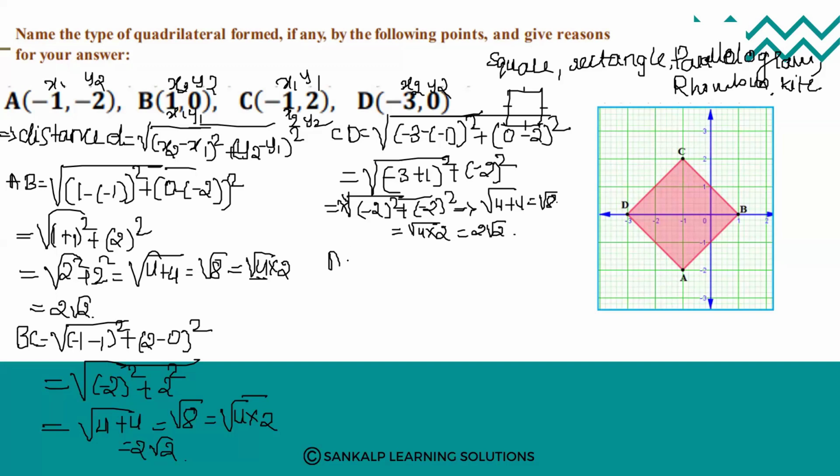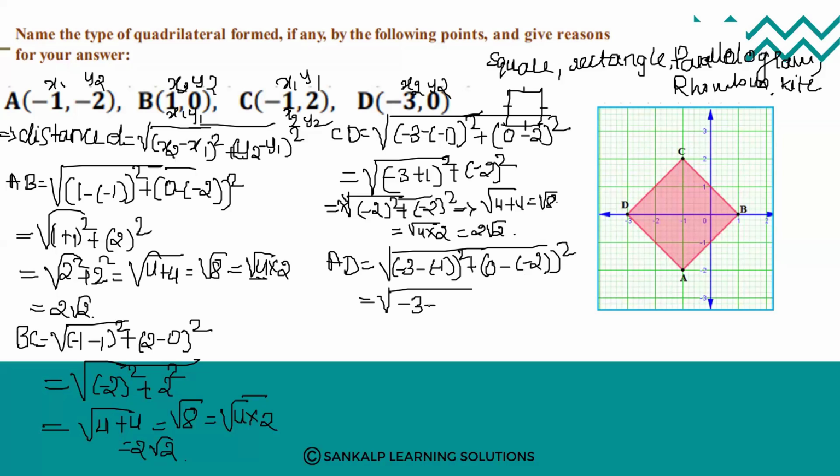Next, AD. To find AD, this is x2 y2, this is x1 y1. So the x2 value is minus 3, the x1 value is minus of minus 1 whole square, plus the y2 value is 0, minus of minus 2 whole square, right? The y1 value is minus 2.